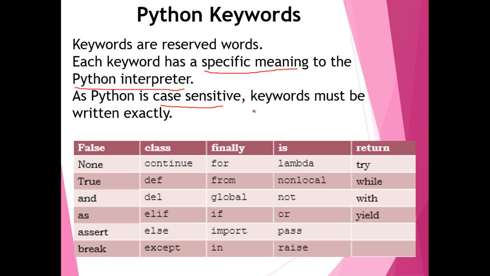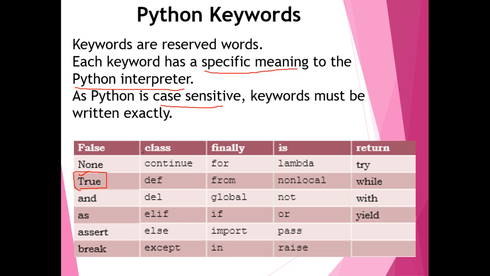So these are some of the keywords, and you can see that there is a list of keywords like False, None, True, and as. Now suppose this keyword is given as True. In this keyword you can see that the T is in capital letter, but the rest of the letters, that is R, U, E, are in small letters.